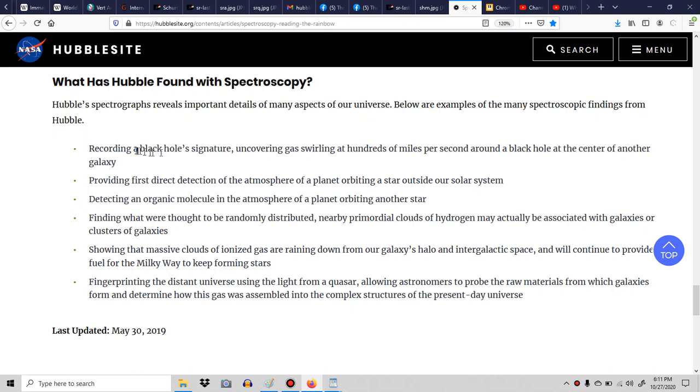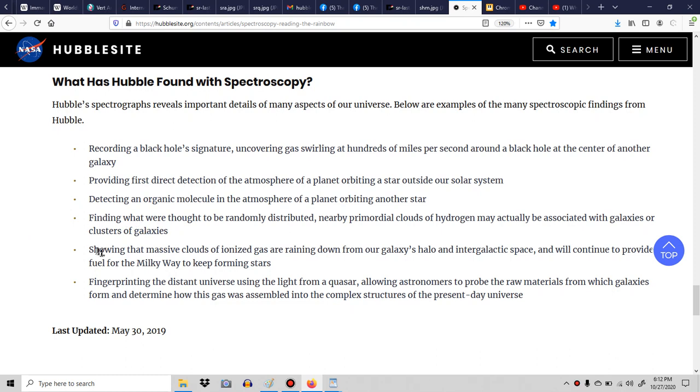Recording a black hole signature, uncovering gas swirling at hundreds of miles per second around a black hole at the center of another galaxy, providing the first direct detection of the atmosphere of a planet orbiting a star outside our solar system, detecting an organic molecule in the atmosphere of a planet orbiting another star, finding that what were thought to be randomly distributed nearby primordial clouds of hydrogen may actually be associated with galaxies or clusters of galaxies.